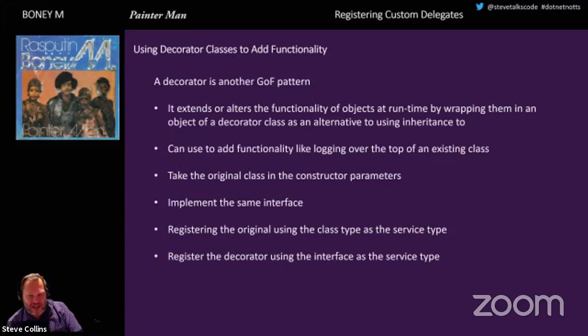So what you can do is implement the same interface, if it's got an interface, and say you've got a method, get some data, then you can intercept that method and say, on the way in, I'm going to log that I've received a request to go and get the data. I'll go and get the data using the underlying class. Now on the way out, I'll log that yes, I successfully got the data, or the underlying class threw an error, and I'll log the exception that came out, and I will then bubble that error back up again. So I really like the decorator pattern.